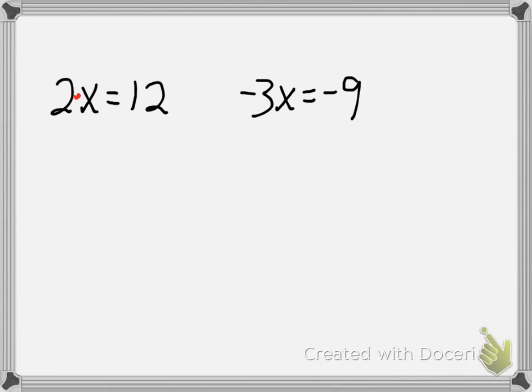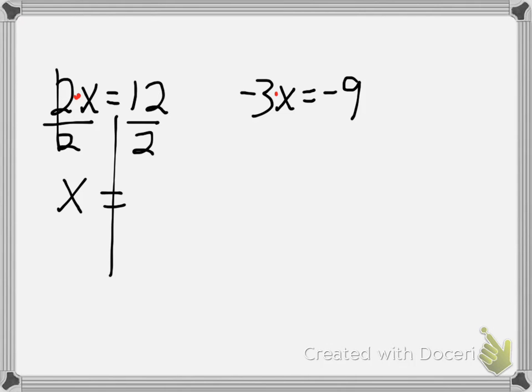So technically it's kind of like multiplying the 2 and x and the negative 3 times the x. So if you need to put that dot in there to help you, by all means. In this first one, my x is on the left side, so to get x by itself I have to get rid of times 2. So to get rid of times 2, we just divide by 2 to both sides. Those cancel. 12 divided by 2 will give me a 6.